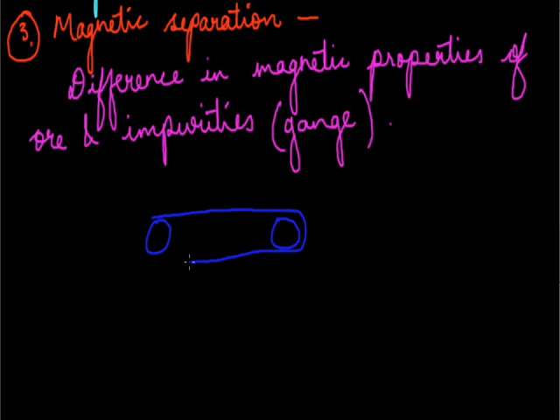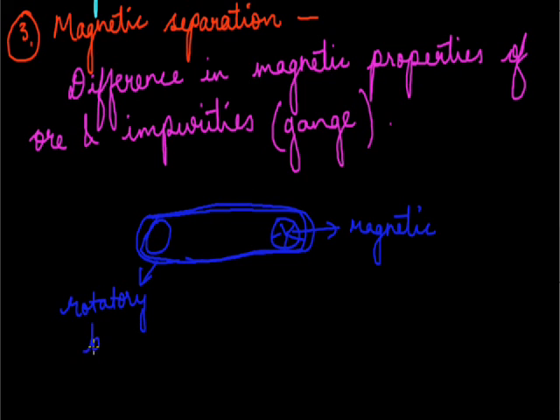There is a belt over it. Now this wheel is magnetic in nature, and this is a rotatory belt. Now we keep over here impurity along with the ore.